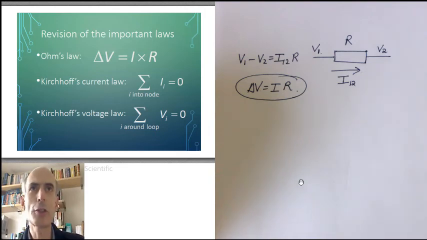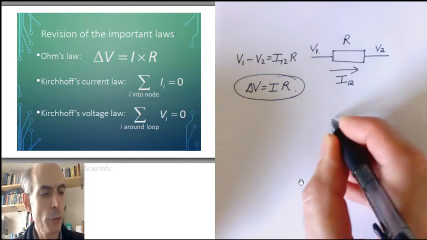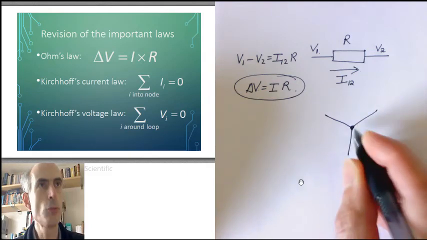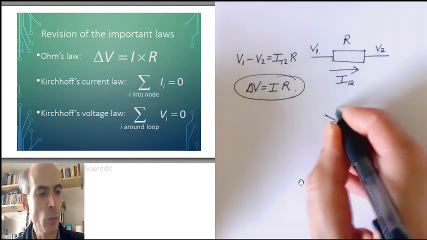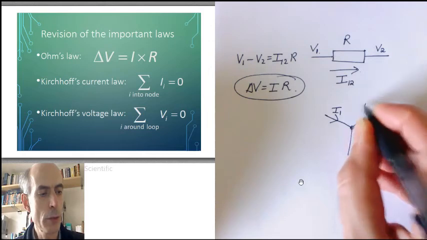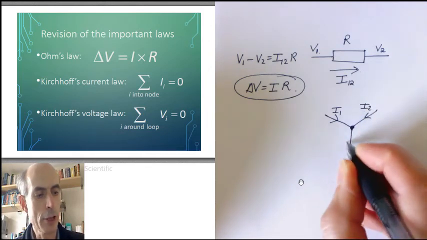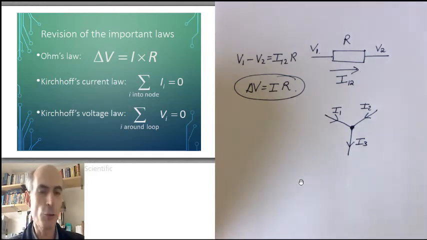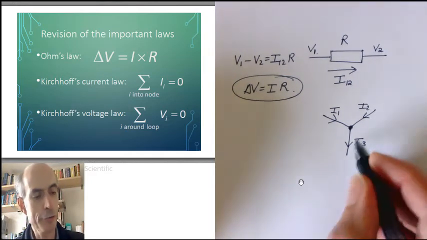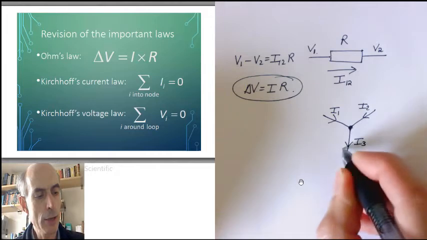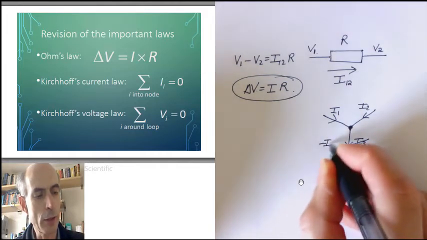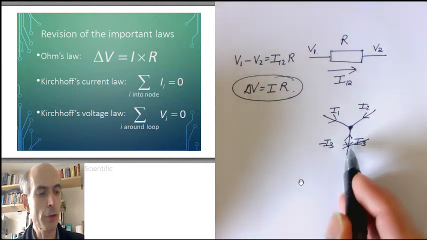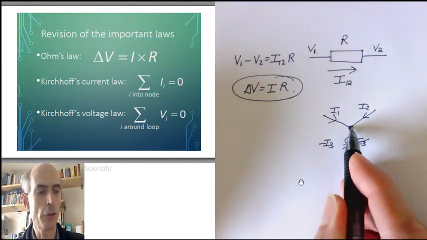We then have Kirchhoff's current law. Supposing we have three currents going into a node in the network, I1, I2, and maybe a current coming out of the node, I3. Kirchhoff's current law says that if we consider currents flowing out of the node as a negative current flowing into the node, then the sum of all of the currents flowing into the node must be zero.